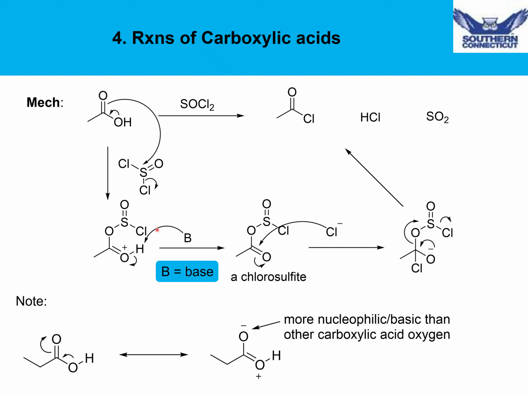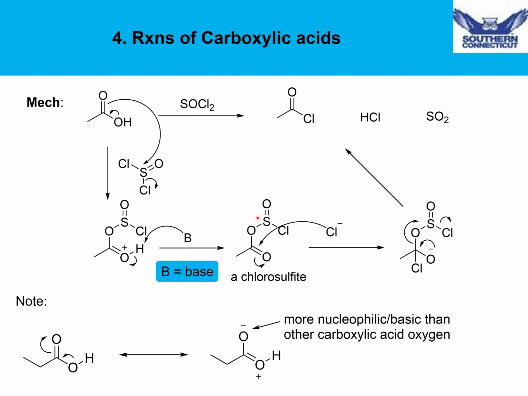So a base such as water or the chloride that got eliminated can remove this hydrogen, get rid of the positive charge, and give us what's called a chlorosulfite intermediate. Note that essentially what we have done is replace the OH group of the carboxylic acid with a better leaving group, which is this chlorosulfite.